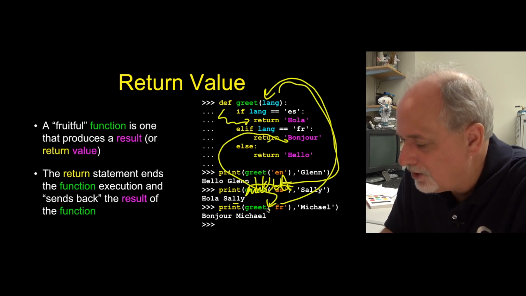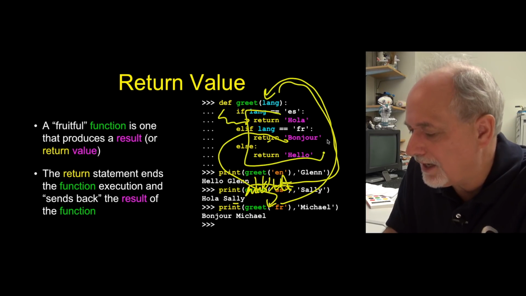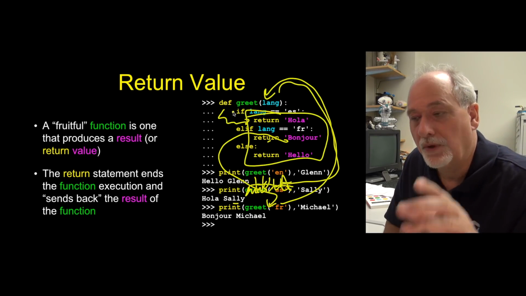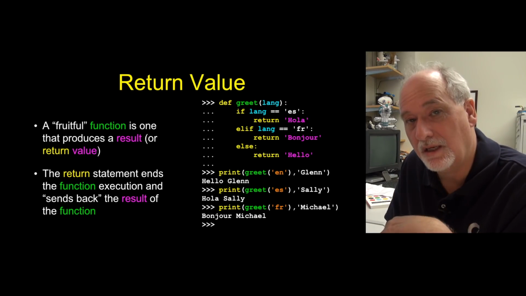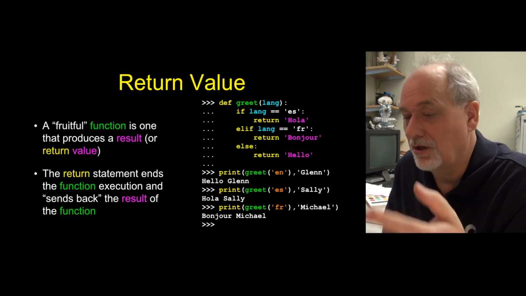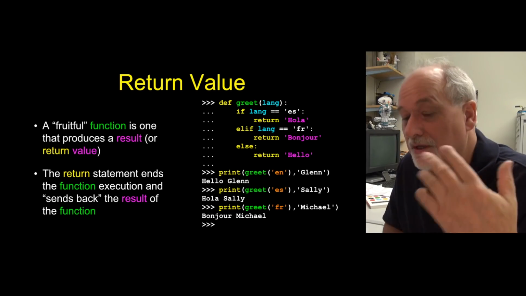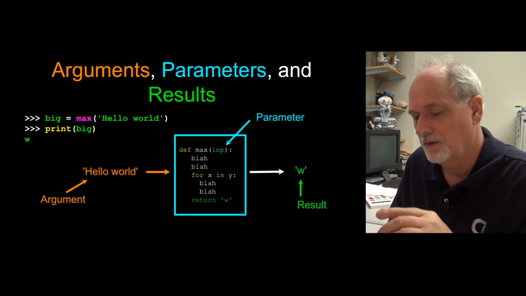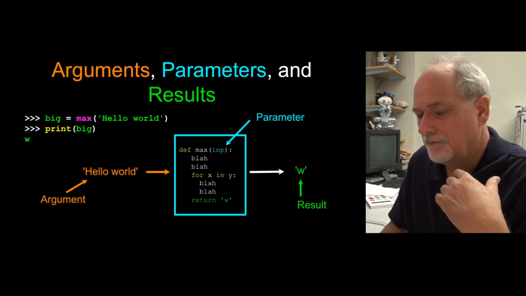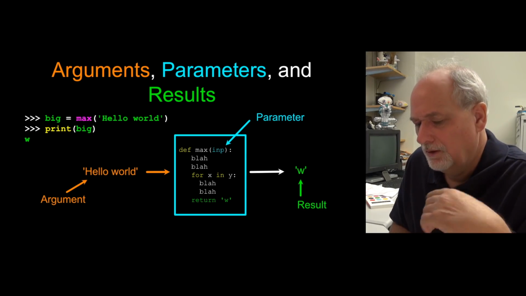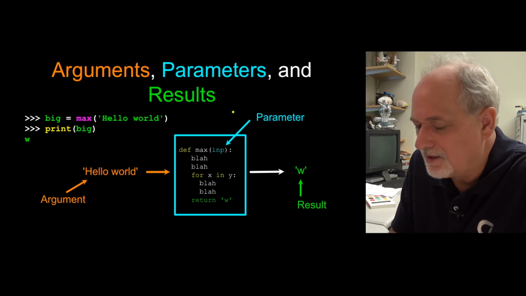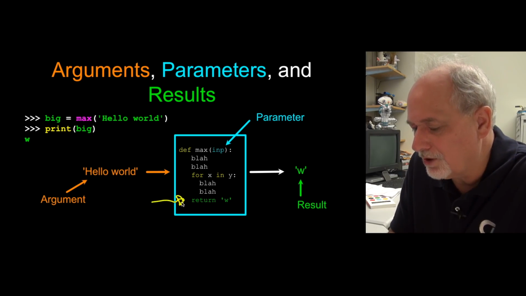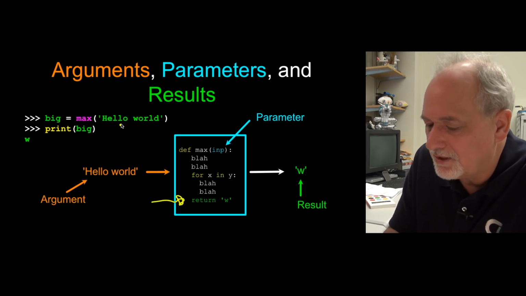So you see how we can control, as we're writing the function, what residual value we want to see in whatever expression is calling us. Sometimes we have returns and sometimes we don't. If you think of the max code that we talked about before, somewhere inside that max code there's a return, and that's how it communicates the W back to us.